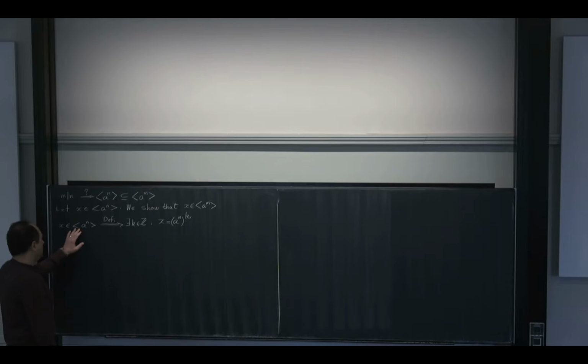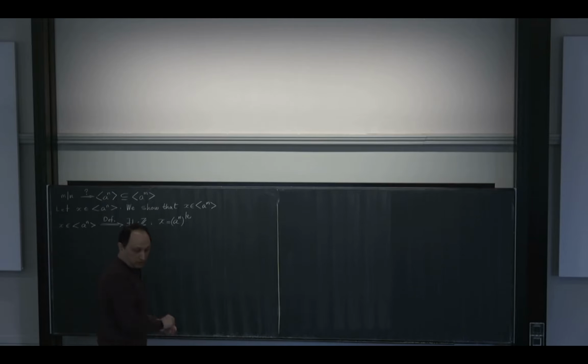Yesterday we learned this, yes? We learned the definition: let me put a box here, whatever this box is, it's a group element. The definition was whatever inside the box to some power k, such that k belongs to Z. So that was more or less the definition we had yesterday.